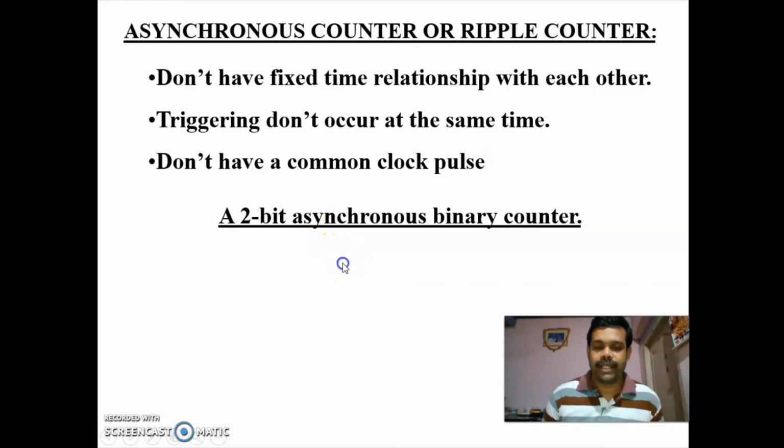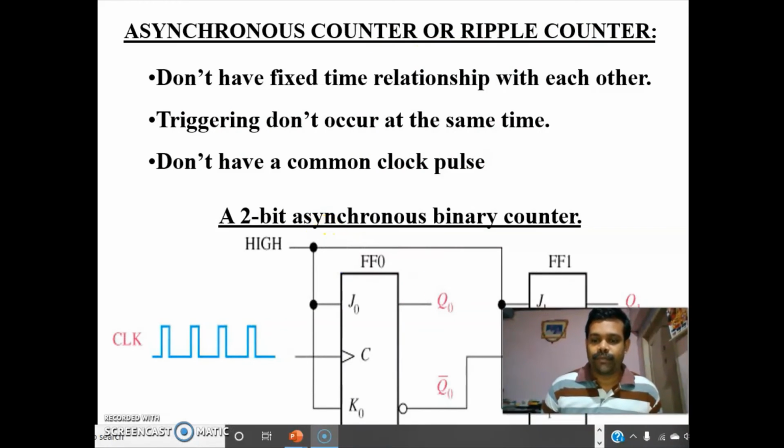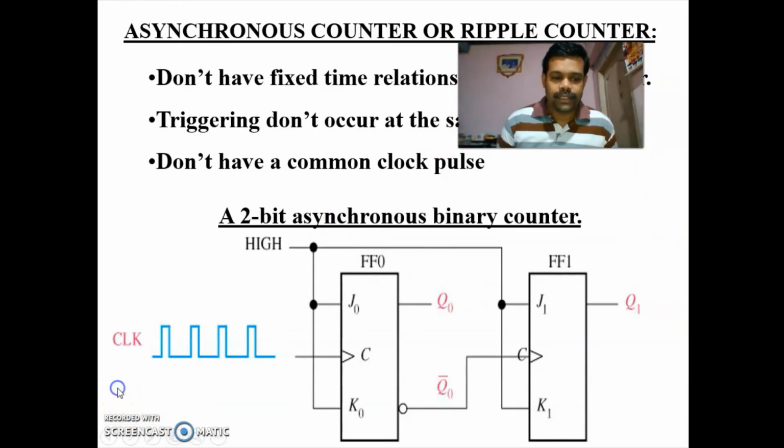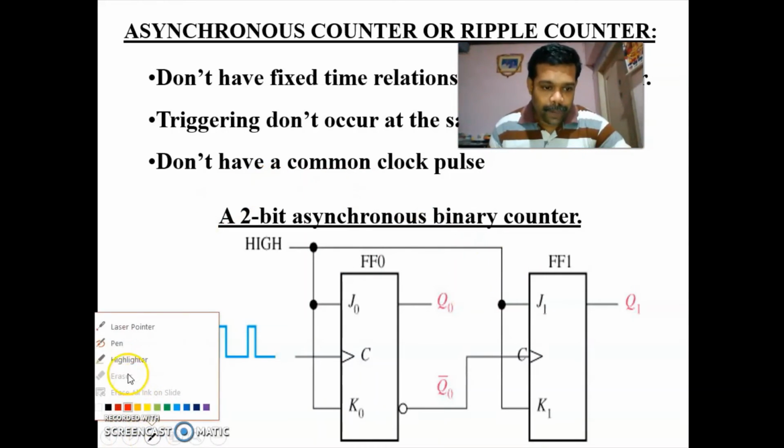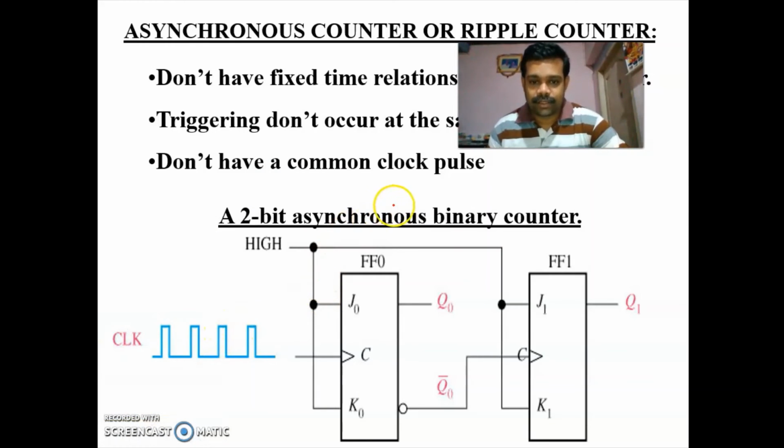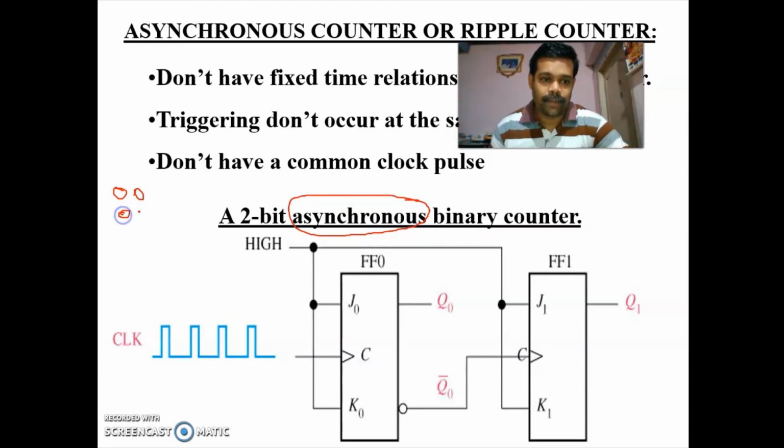First, we are going to see a 2-bit asynchronous binary counter. Binary counter means it will count 0, 1, 2, 3, and then again 0, and it repeats.